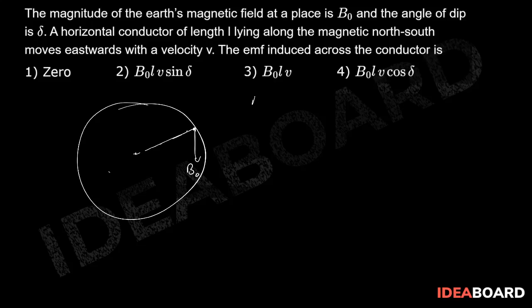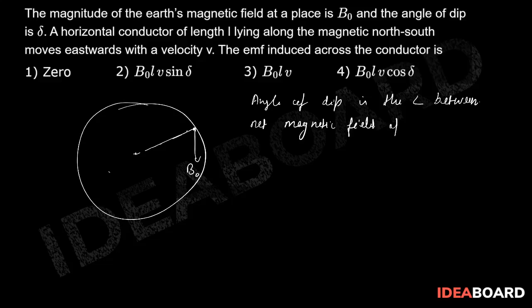Angle of dip is the angle between the net magnetic field of Earth and its horizontal component.